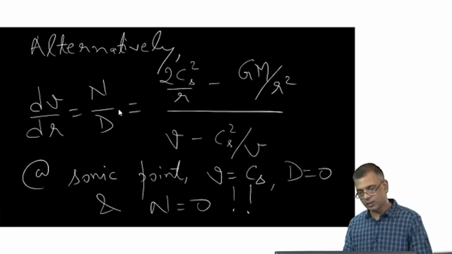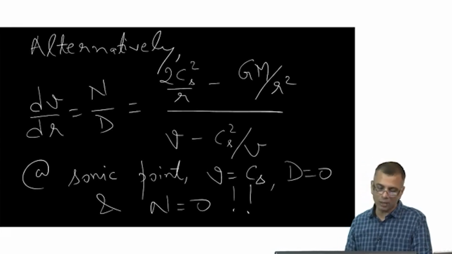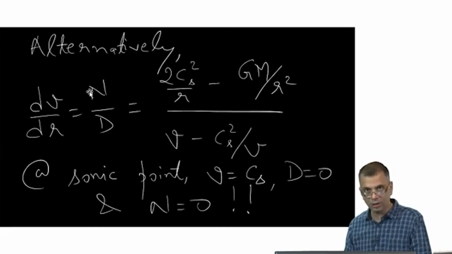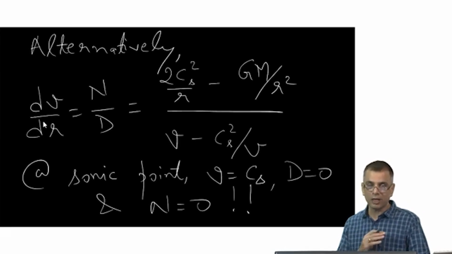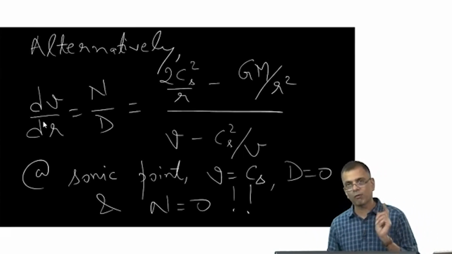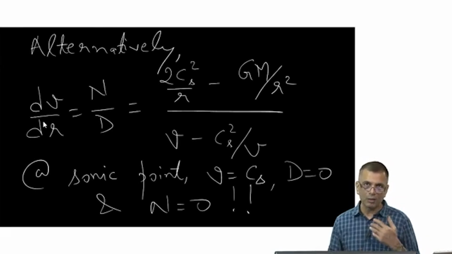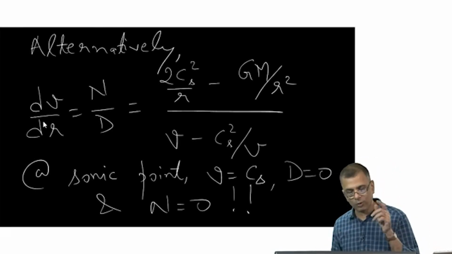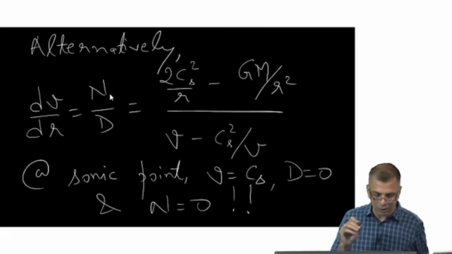Clearly the denominator goes to 0 when V equals Cs. Now, you don't want dV/dr to be blowing up. If the denominator goes to 0 and the numerator remains non-zero, dV/dr blows up, it becomes infinite. Remember we are talking about smooth flows here, flows that do not exhibit abrupt jumps, that are smooth and mathematically well behaved. So if you want the flow to be well behaved, you would demand that the numerator also becomes 0.